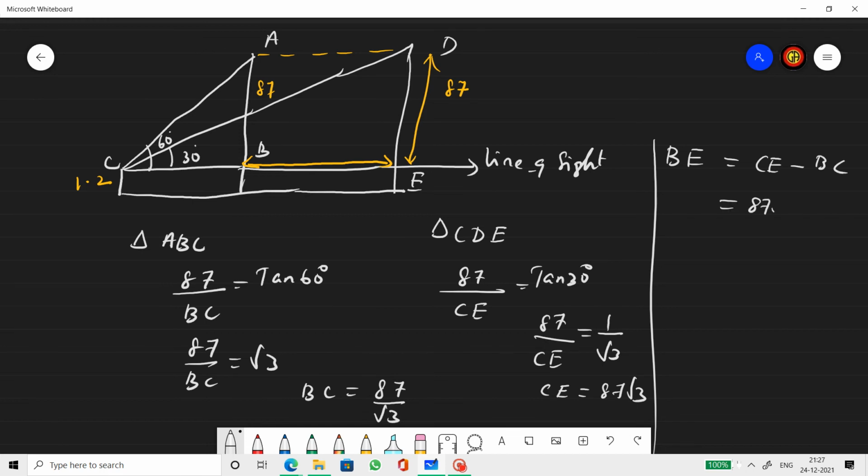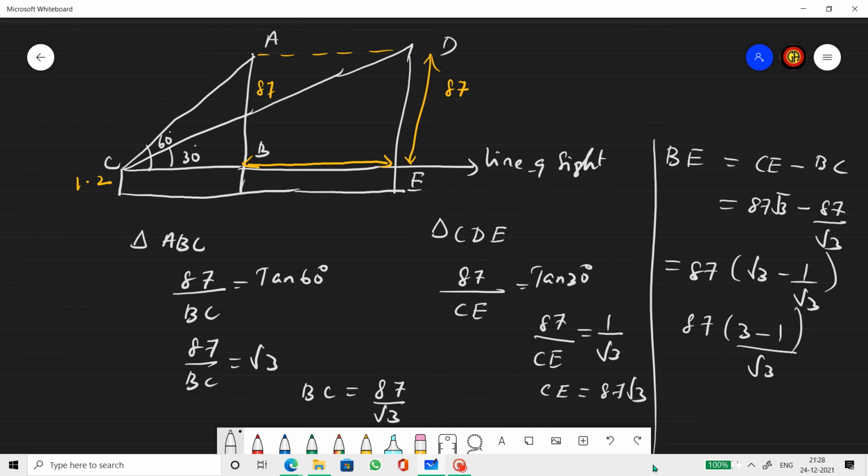CE is 87 root 3 and BC is 87 by root 3. So take 87 common out. It's root 3 minus 1 by root 3. Now take LCM. Root 3 into root 3 is 3. So 3 minus 1 by root 3. So 87 into 2 by root 3.